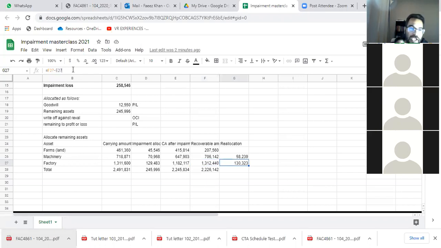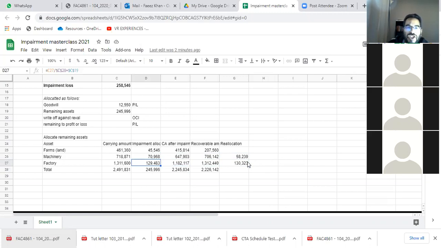How do we do the reallocation? We say recoverable amount minus carrying amount after impairment. Before you accept the reallocation, check that it is not more than the initial impairment. Over here, the reallocation was less than the initial impairment, so we're happy. Over here, the reallocation is more than the initial impairment.